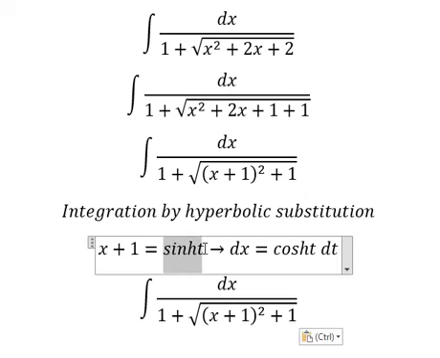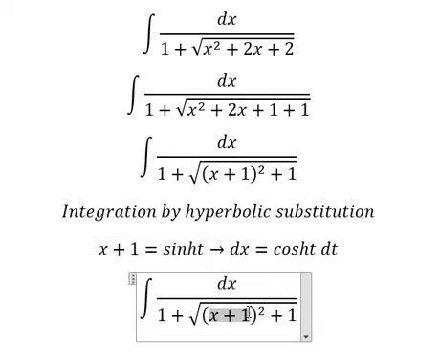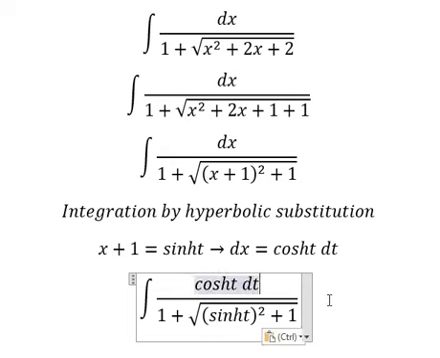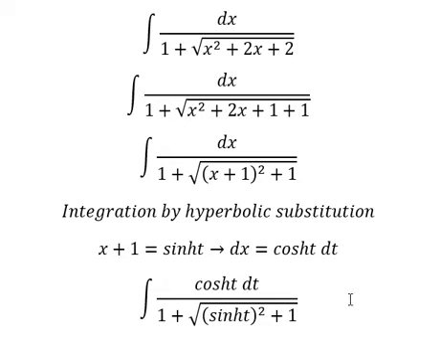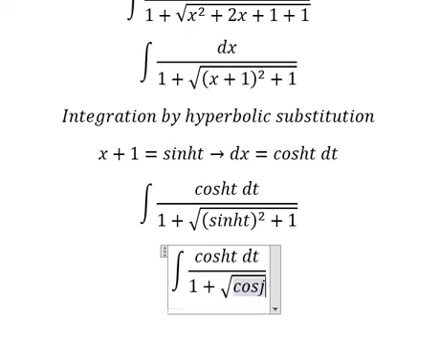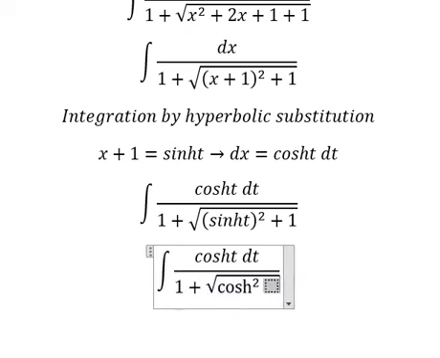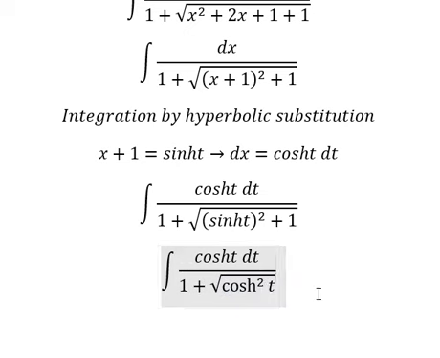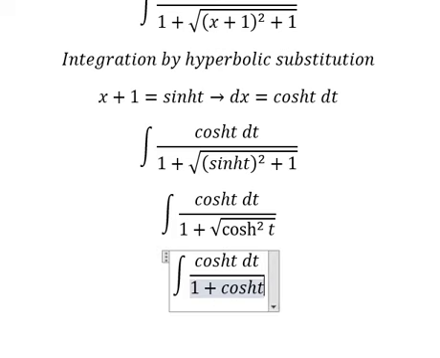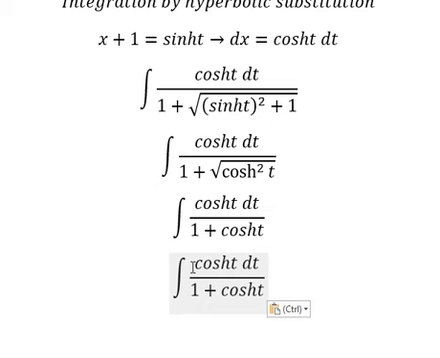So I will put this one here. This one, that is about this one. This one, that is about cosh squared t. The square root of this one, that is about cosh t. Now we need to add number 1.